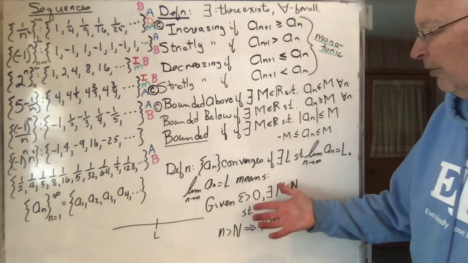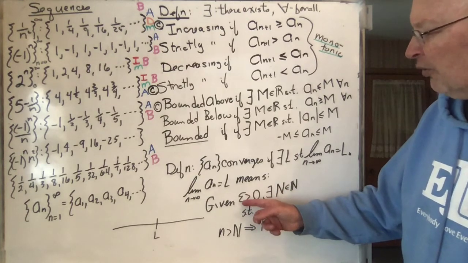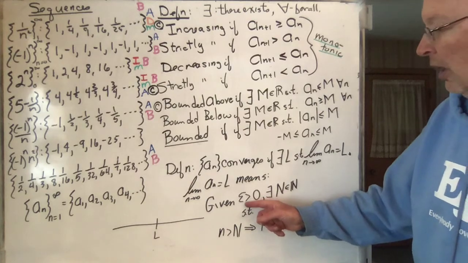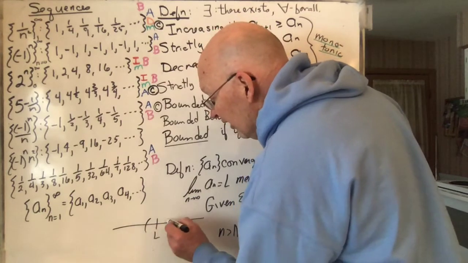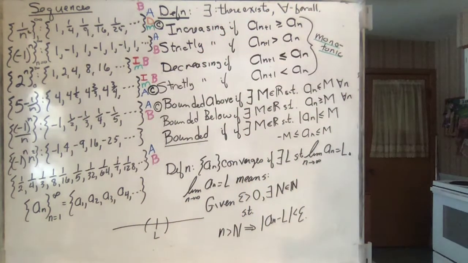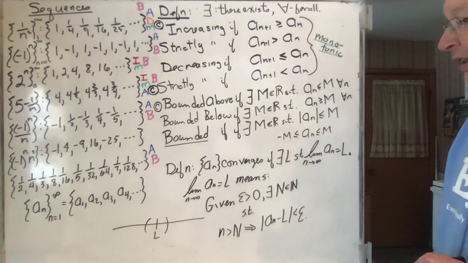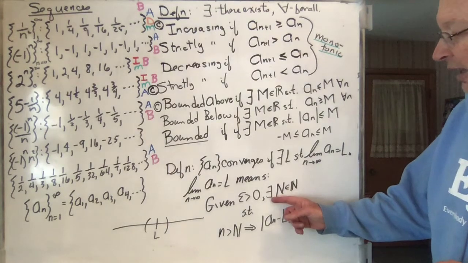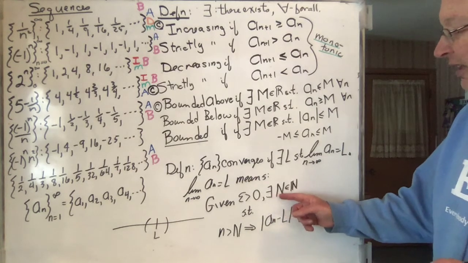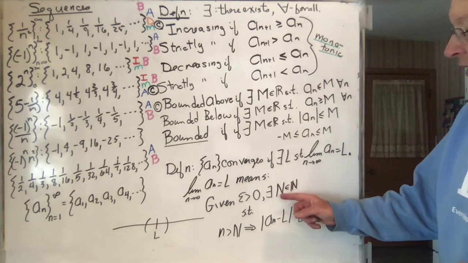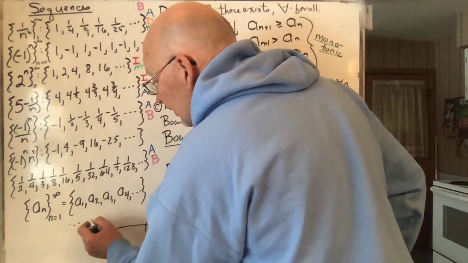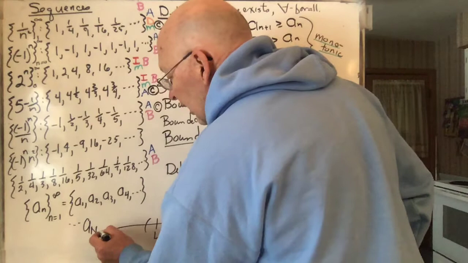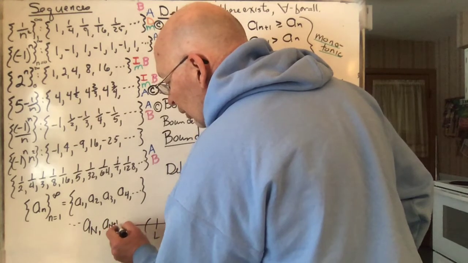I mean, that's the power of the definition: no matter how small a number you choose, once you choose it, you can just think of making a little interval around L of that size. You give me a little epsilon, and then I'll be able to tell you that if you go out far enough in the sequence, so here's a sub 1, a sub 2, way out here in the sequence might be a sub capital N. And then beyond that is a sub capital N plus 1, and you go on like that.